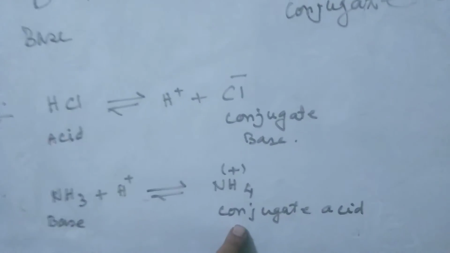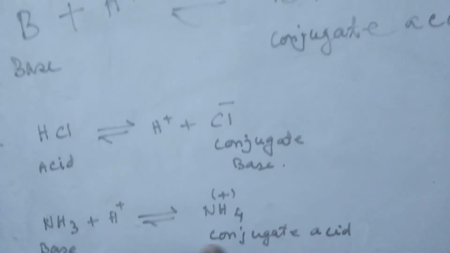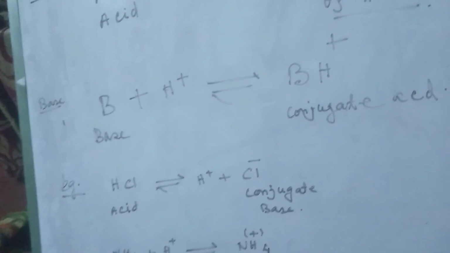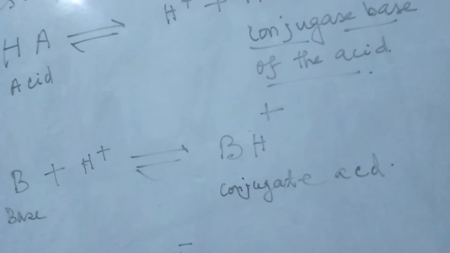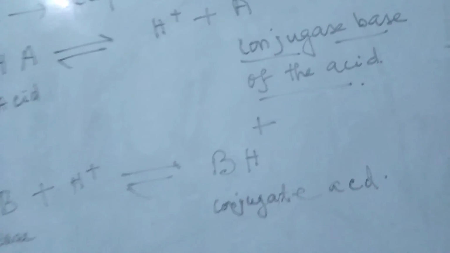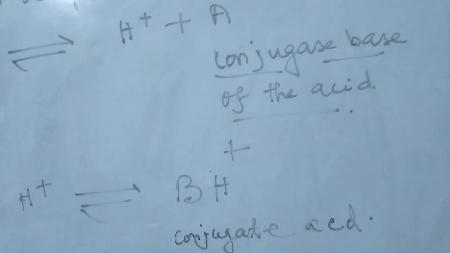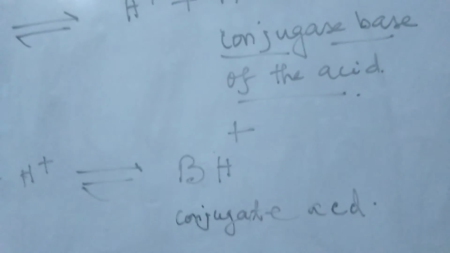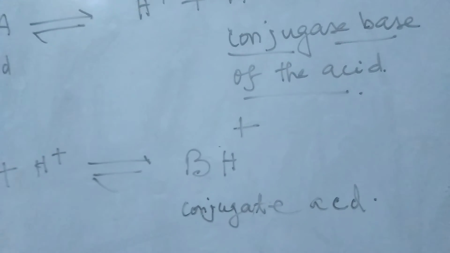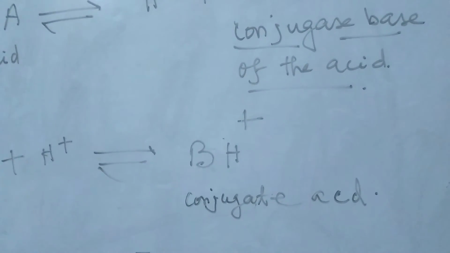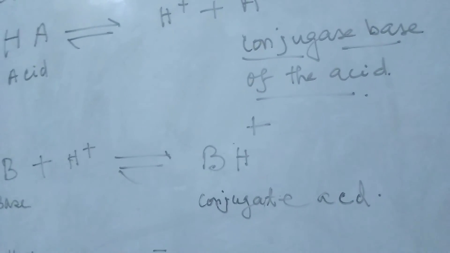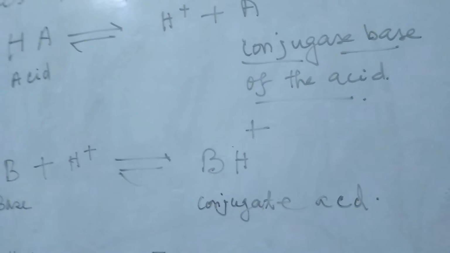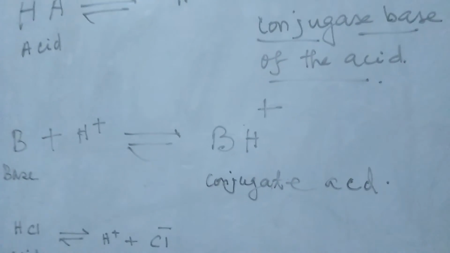Similarly, in the case of a base, if the conjugate acid of the base is very stable, then the base is very strong. The stability of the conjugate acid and base depends upon different characteristics, such as how well the ion can hold the charge or how much resonance can be done by the ions. So the relative strength of acid and base depends upon the stability of their conjugate base and conjugate acid.